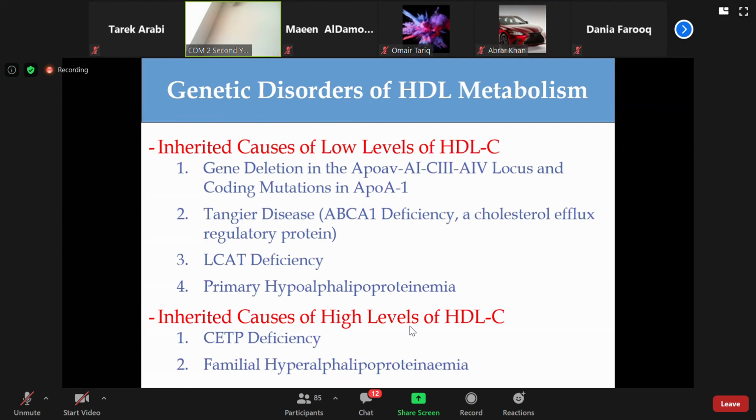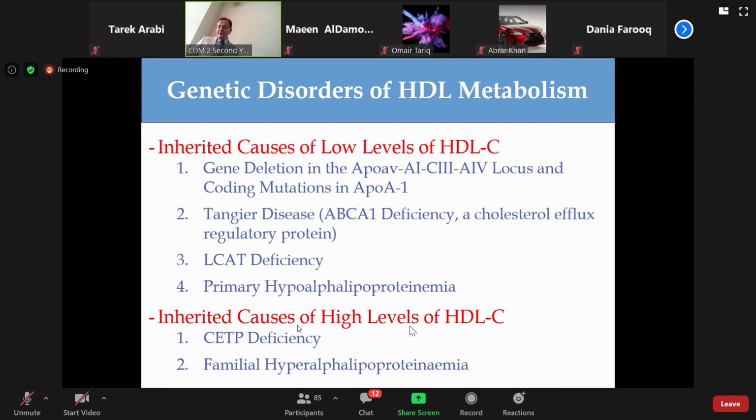There's no HDL. The reason for that is that we have a transporter called ABCA1, ATP binding cassette A1 transporter, which is responsible for the efflux, taking the cholesterol out of the cell. And we're going to see how it plays a major role in atherosclerosis. This is the ABCA1 transporter.